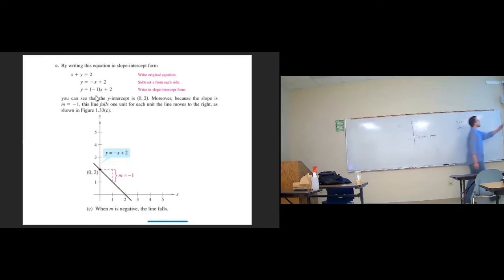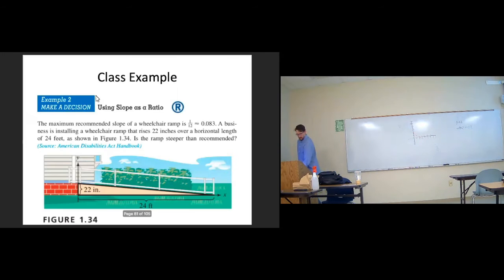They said first, let's put it into slope-intercept form. Then, let's identify our intercept. And based on that and what our slope is, we can figure out what the rest of our graph looks like. So from there, we can answer a bunch of other types of problems.